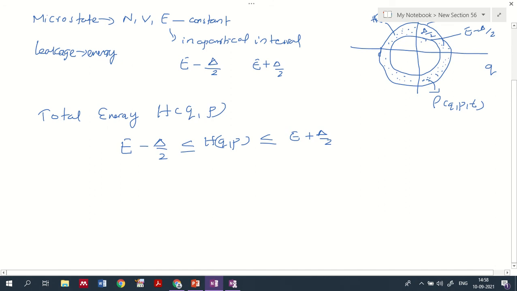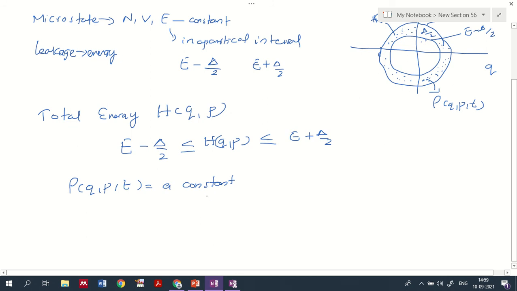For a microcanonical ensemble, the density will be a constant value, because the number of particles, the volume, the energy and all these things are constant.